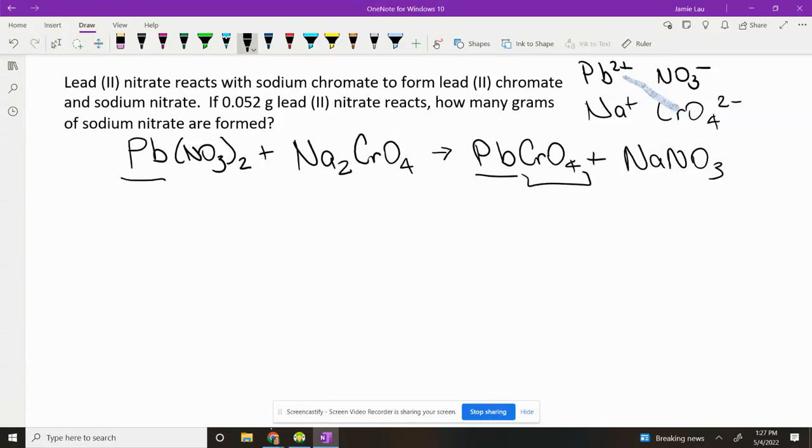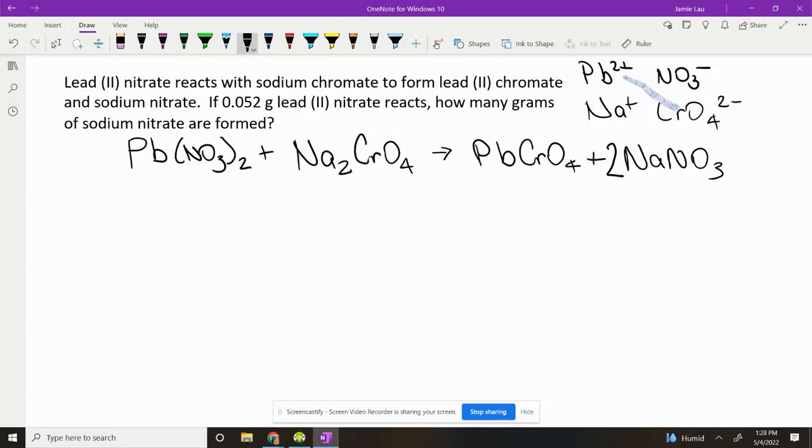I have 1 chromate on each side. I have 2 sodiums here and only 1 here, so I'm going to put a 2 in front of the sodium nitrate, which also gives me 2 nitrates to balance that out. So when everything's all said and done, this is our final balanced equation.